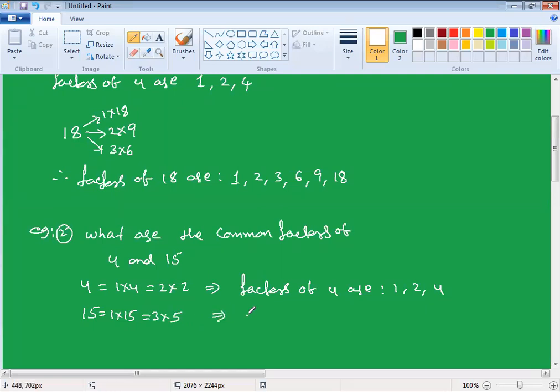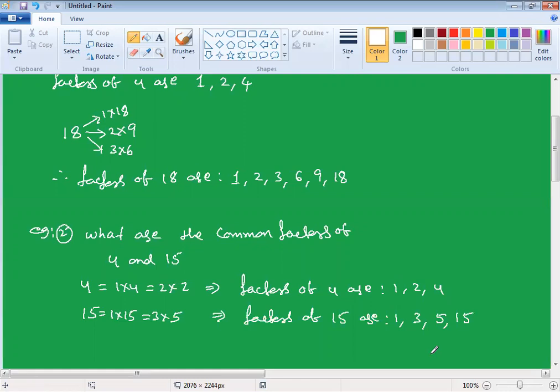Then the factors of 15 are 1, 3, 5, 15. So for 4 we have three factors, and for 15 we have four factors.